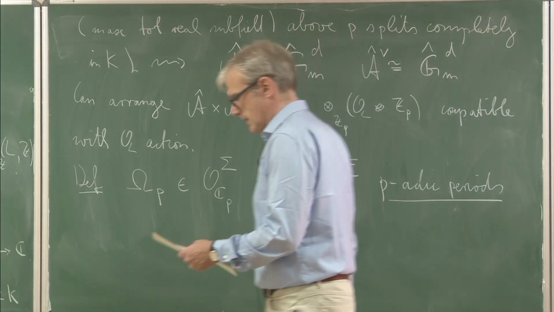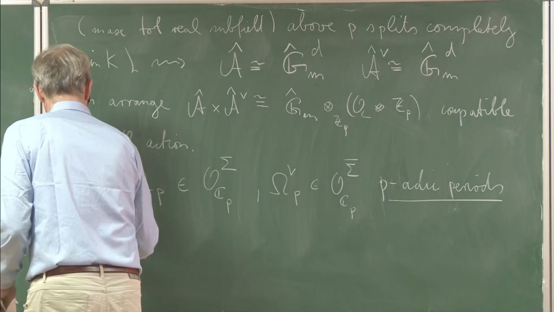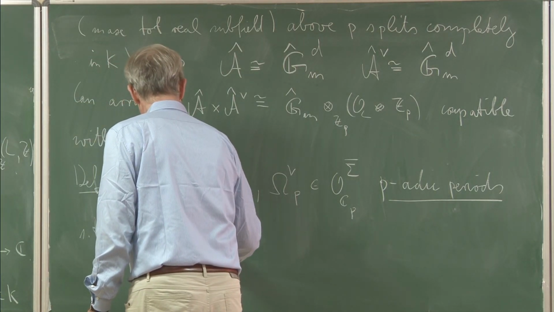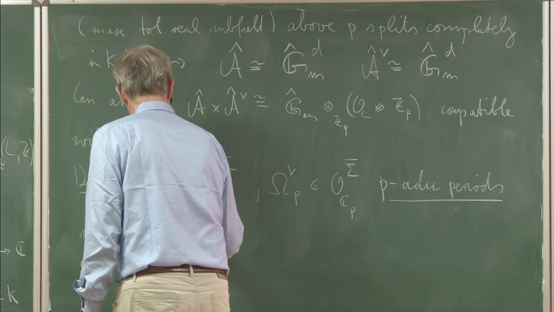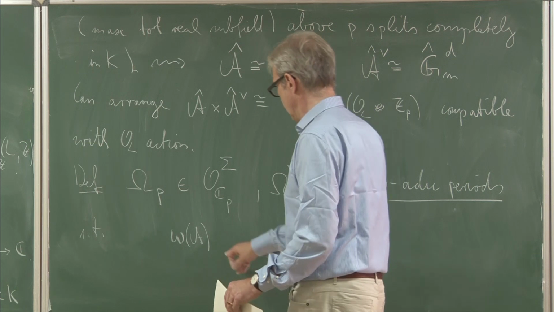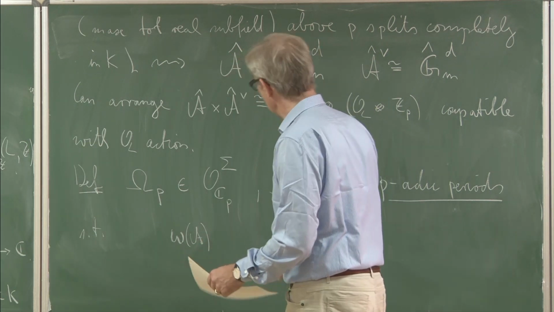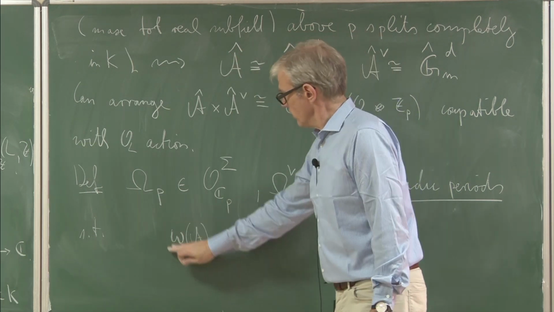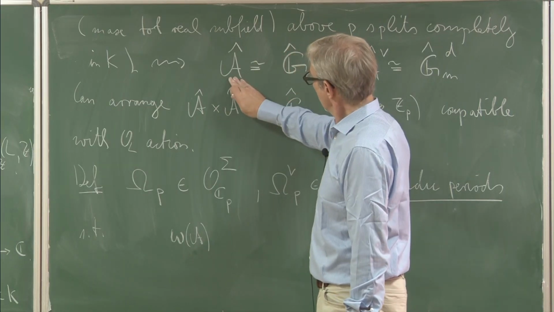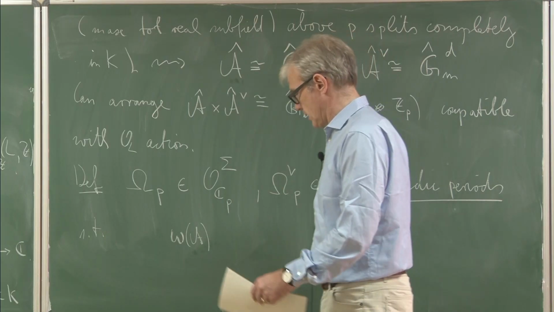And this is such that we had this basis omega A, which consisted of the omega A sigma. And these were differential forms on the abelian variety, and you have them also on the formal completion.